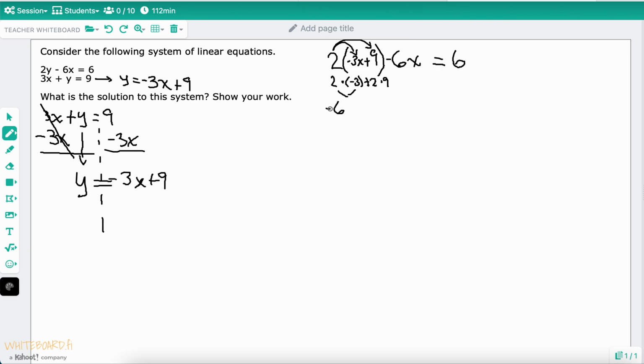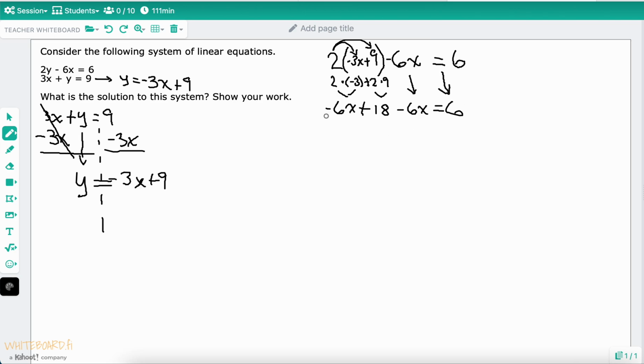A lot of people tend to forget that there's an x here. You cannot forget to include that x. So this is plus, and then 2 times 9 is 18. Now I did nothing with the rest of the equation, so I have to keep it the same: minus 6x equals 6. That stays the same.